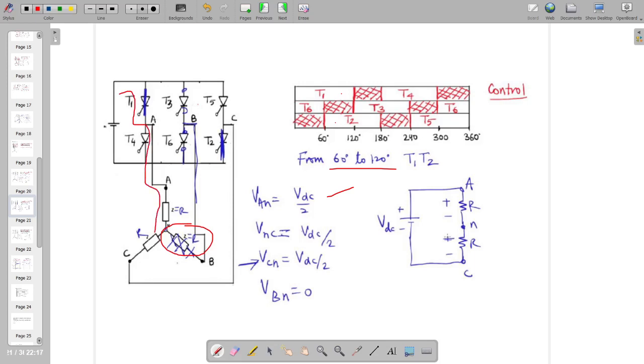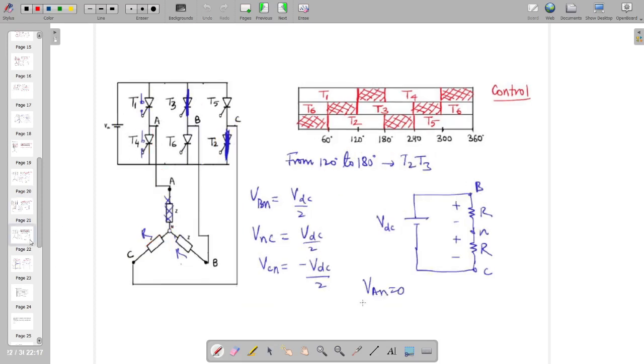The current goes through T1 and T2 back to the supply, and this is the current direction. Applying the voltage division principle, VAN is equal to VDC by 2 and VCN is minus VDC by 2. The third phase we are also considering is 120 to 180 degrees.